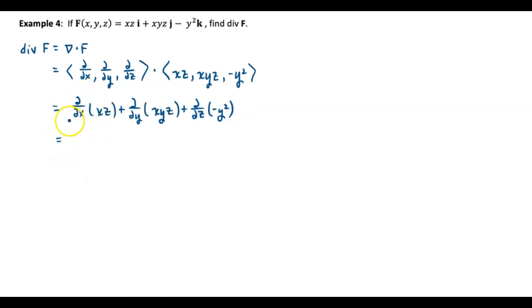And so partial with respect to x of xz is just going to be z. Partial with respect to y of xyz is just going to be xz. Partial with respect to z of negative y squared is just going to be 0. And so we can conclude the divergence of f is equal to z plus xz.